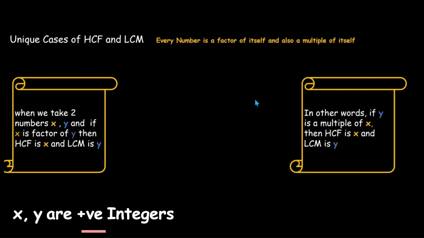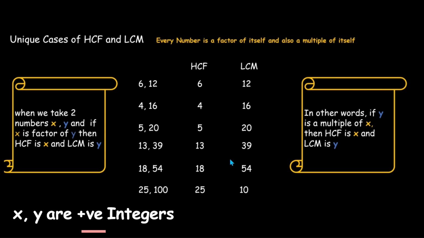Let's take a look at a few examples. So here is a case of 6 and 12. 6 is a factor of itself because every number is a factor of itself, and 6 is also a factor of 12. So between the two of them, the highest common factor would be 6.